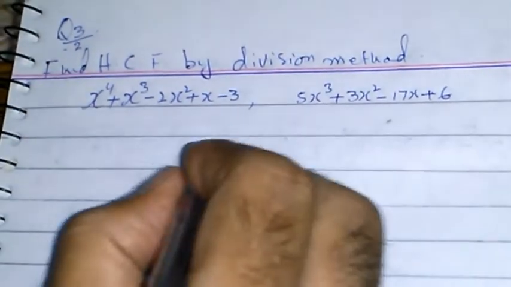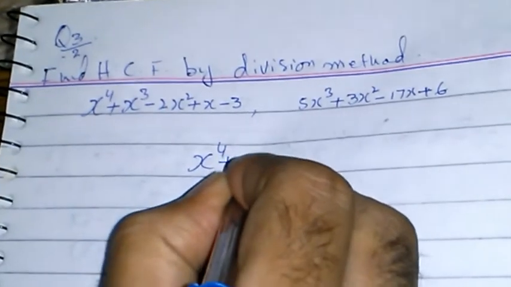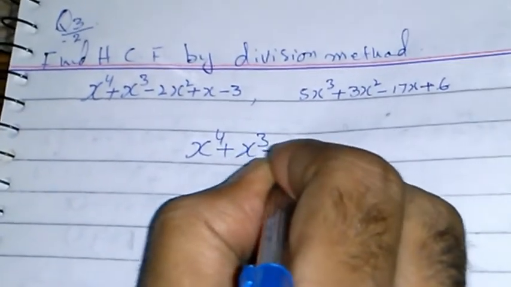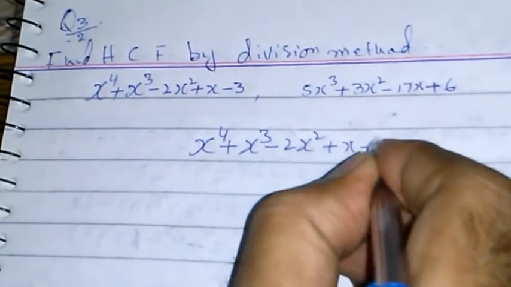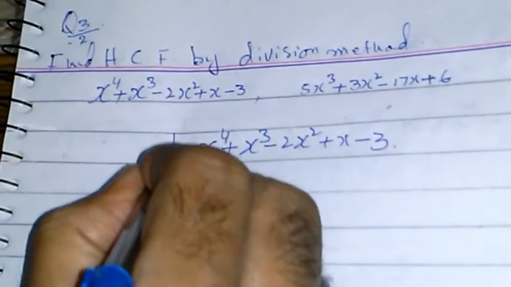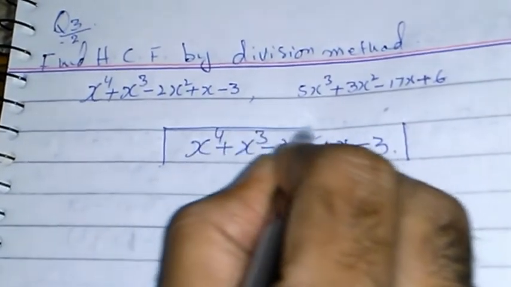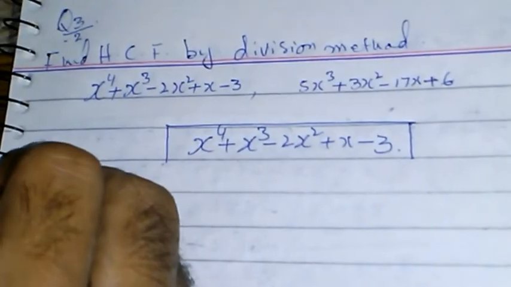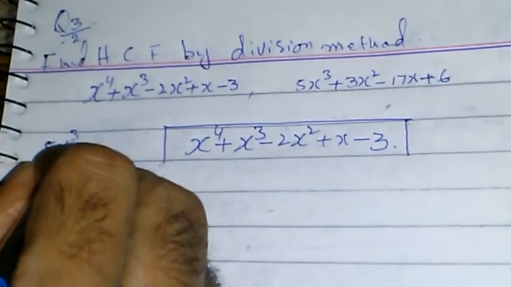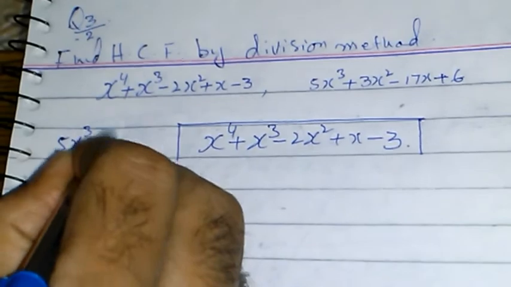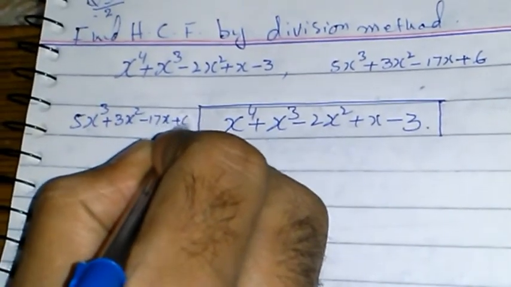We write this expression here, x to the power 4 plus x to the power 3 minus 2x square plus x minus 3 and divide it with the second one: 5x cube plus 3x square minus 17x plus 6.